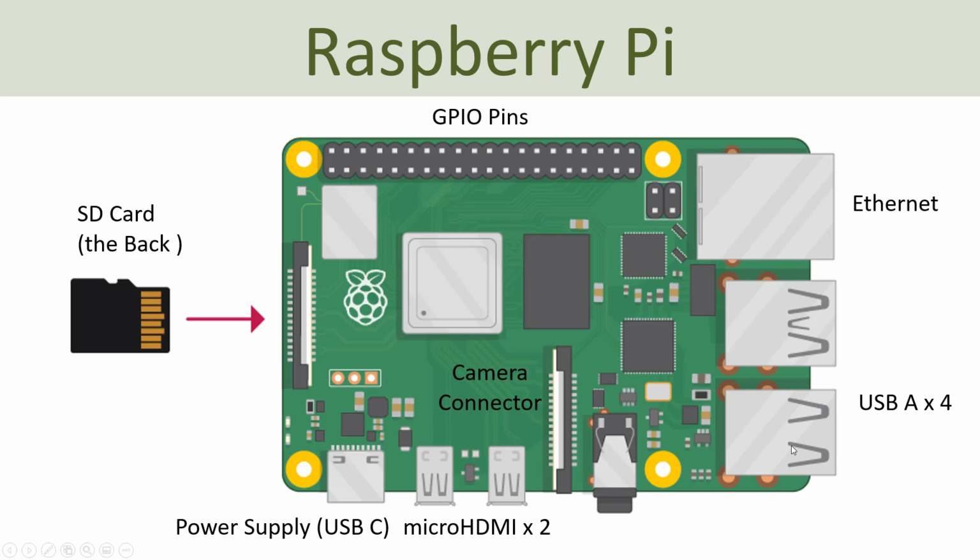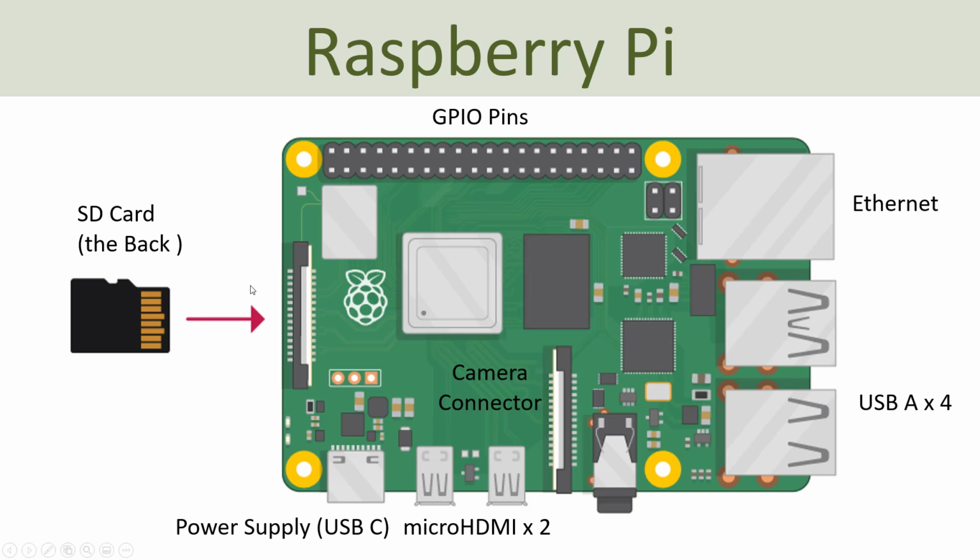You have 4 USB-A connectors. You can connect 2 monitors using micro HDMI connectors, and you can connect power supply using this USB-C connector. In addition, you can connect a camera using the camera connector.